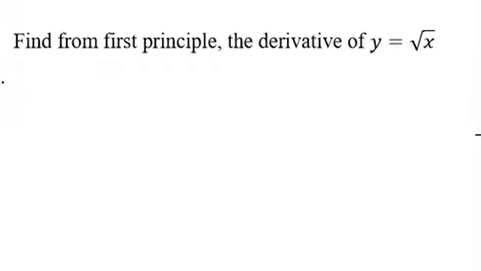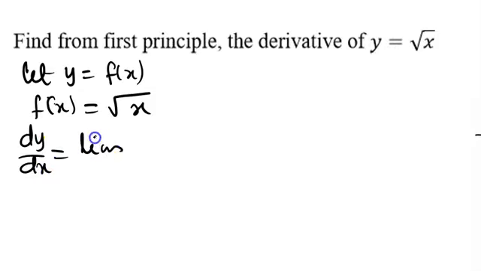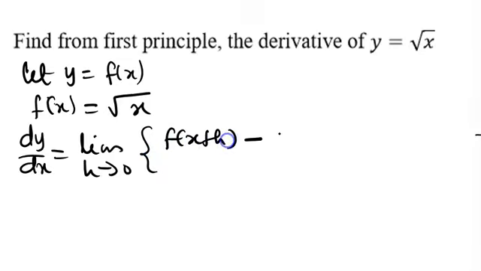Find from first principle the derivative of y is equal to root x. So let y be equal to f of x. So f of x then becomes square root of x. From first principle, dy/dx becomes the limit as h tends to 0 of f of x plus h minus f of x over h.